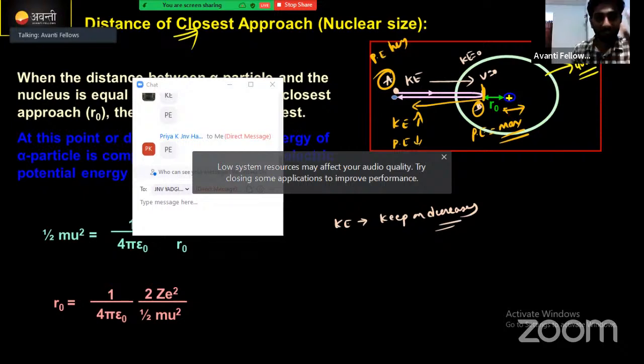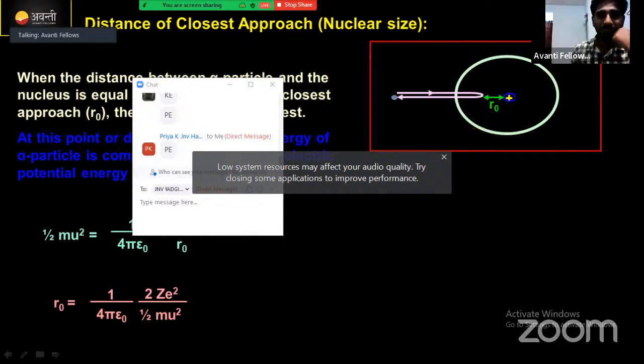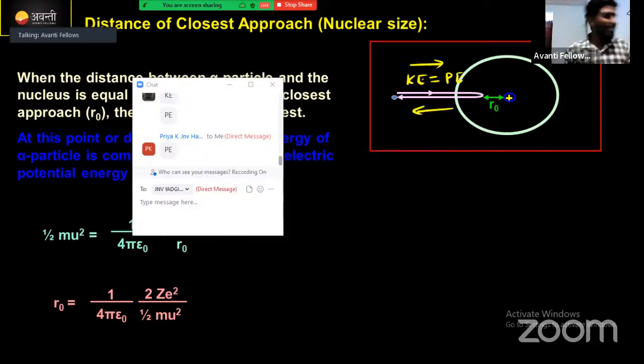The concept is simple: kinetic energy is converted into potential energy, and again potential energy is converted into kinetic energy. Means the total energy remains the same during the whole travel.